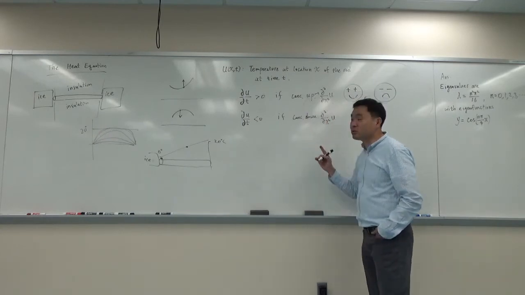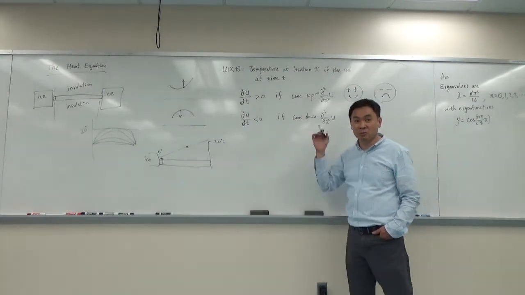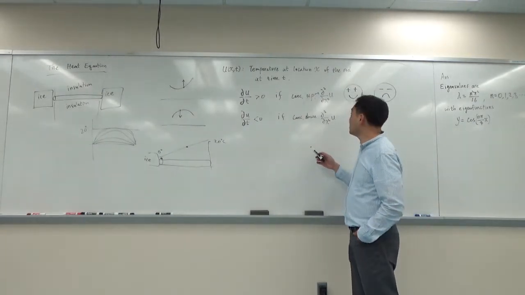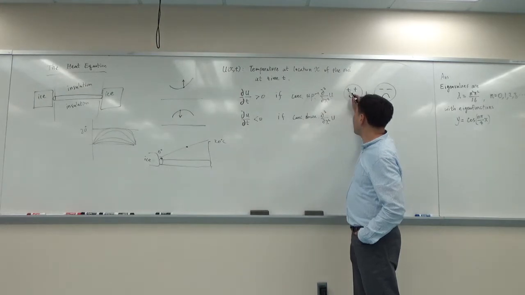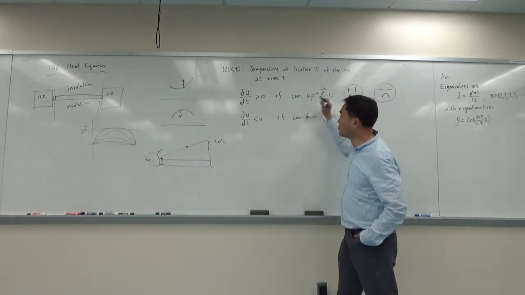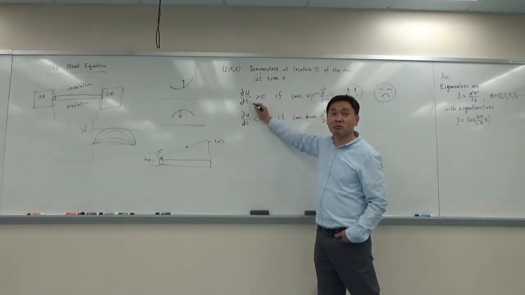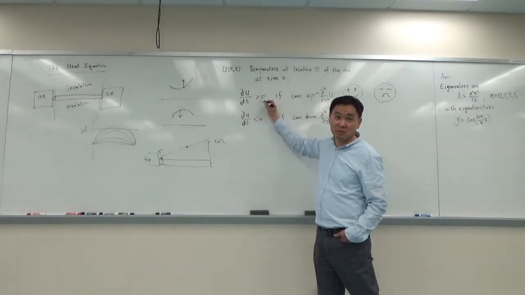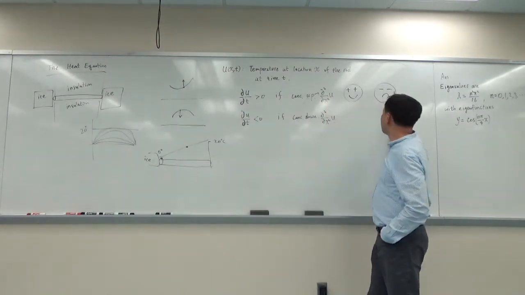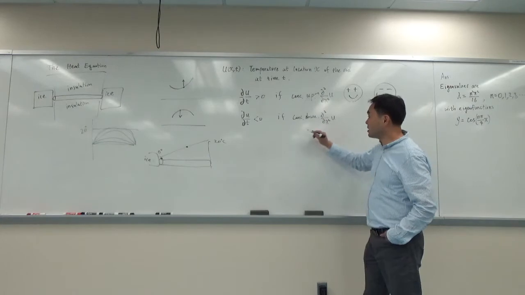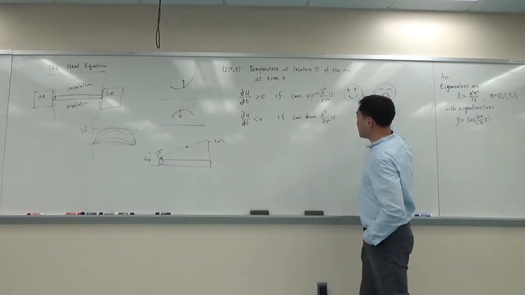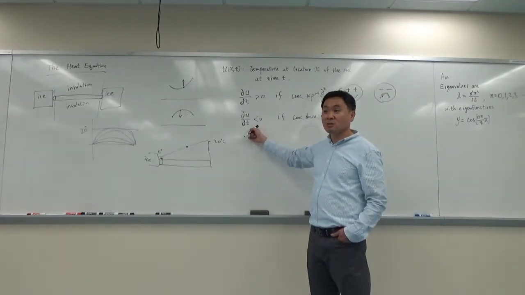So here's what we just found out by using this intuitive argument. If the second derivative is positive, that means it's concave up, then the rate of change of the temperature will be positive. If the second derivative is negative, then it's concave down, and the rate of change of the temperature will be negative.